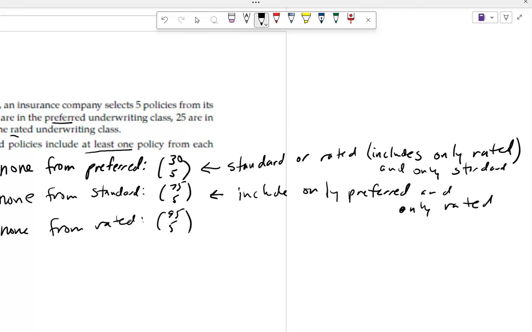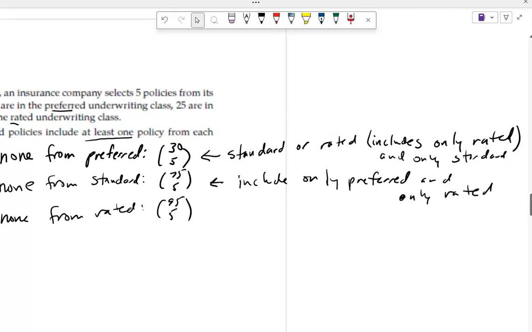I don't want to put in the only rated though, right? I want a mixture or the only preferred, but I don't want the only rated out of that, do I? I don't want to include that. So what could I do instead? What could I do with that number? That would be the total of only preferred.